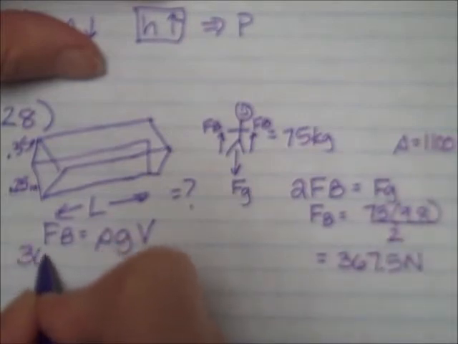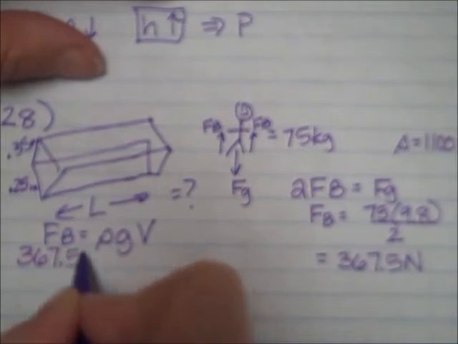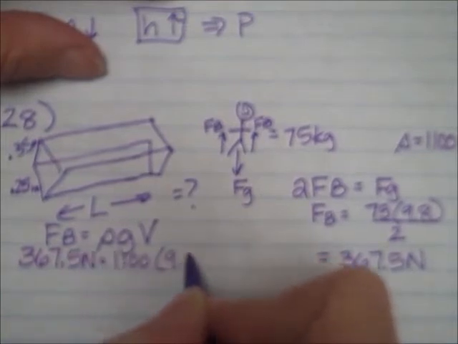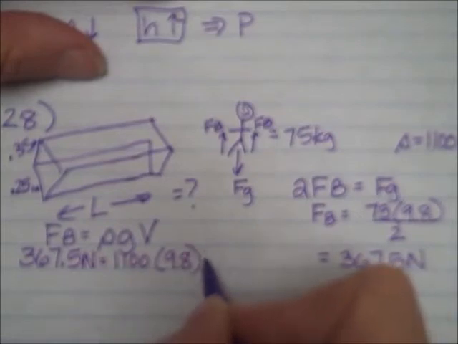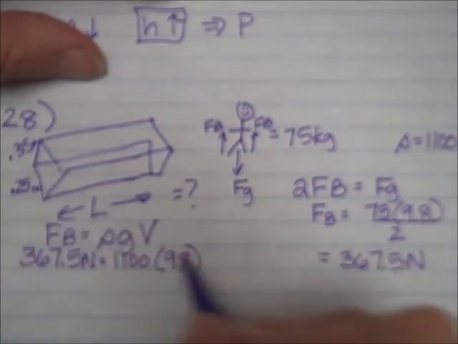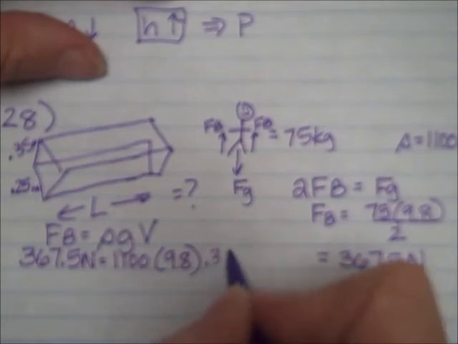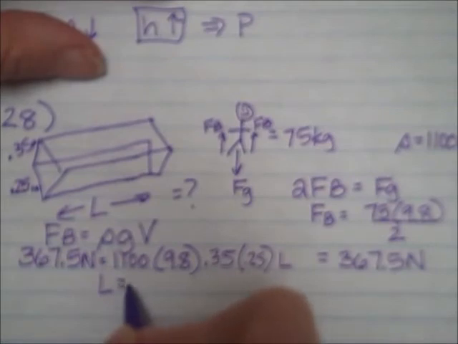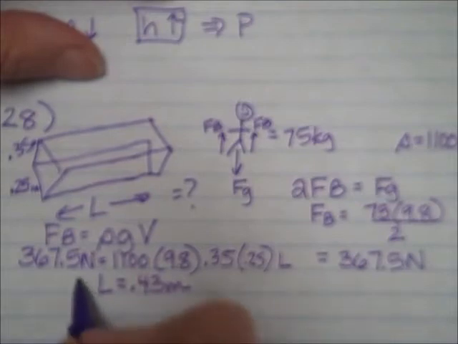So my buoyant force, 367.5 newtons, would equal my density times gravity times the volume, which would be base times width times height. So I've got 2 of those variables. And so I can just solve that for the length, and I get that the length would have to be 0.43 meters long.